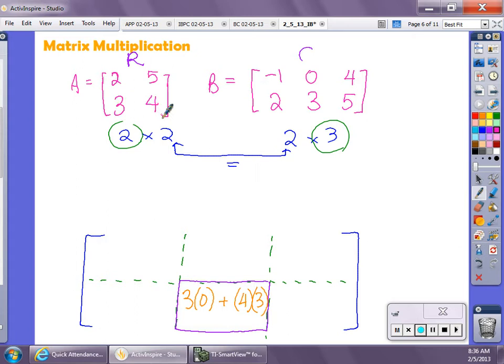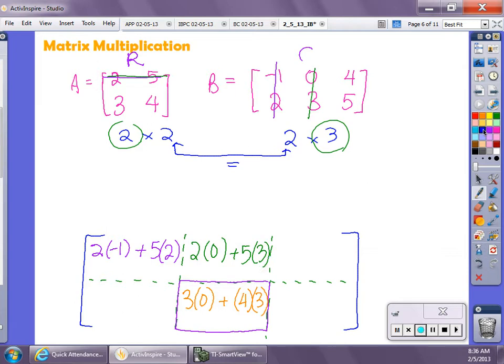So now we're going to go in order. I'm going to take the first row, which would be 2, 5, multiplied by negative 1, 2. So 2 times negative 1 plus 5 times 2. Anyone confused on where those numbers are magically appearing from? Okay, because then I'm just going to finish it off then. Second one would be first row, second column. So it would be 2 times 0 plus 5 times 3.